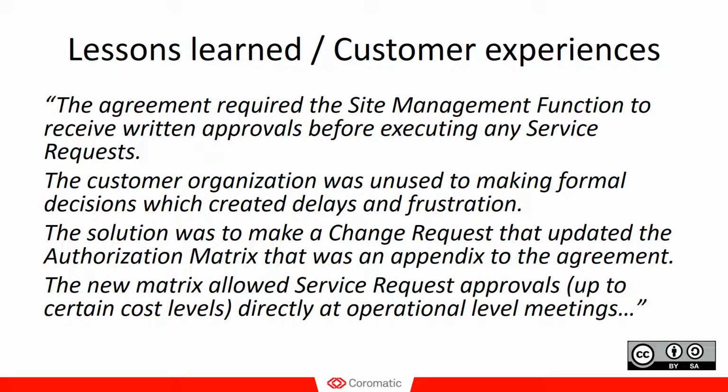They updated that to include pre-approved levels based on financial triggers and complexity triggers, which meant that up to a certain cost level and up to a certain complexity level, it was okay for the site management function to approve service requests without having a written pre-approval by the site owner.